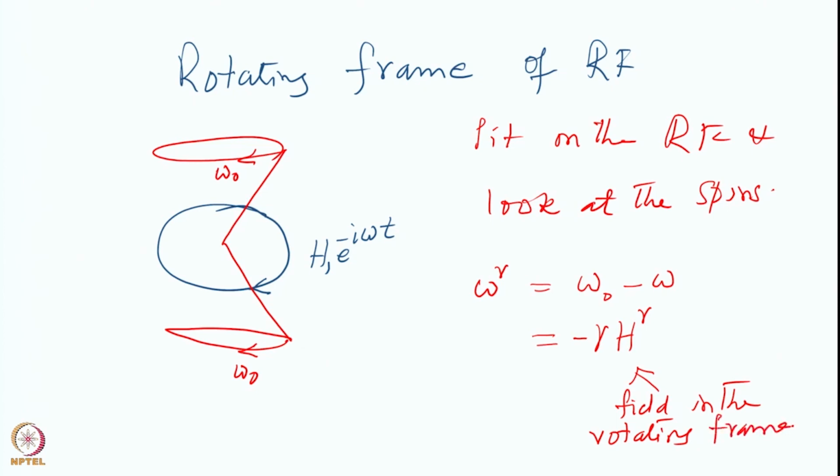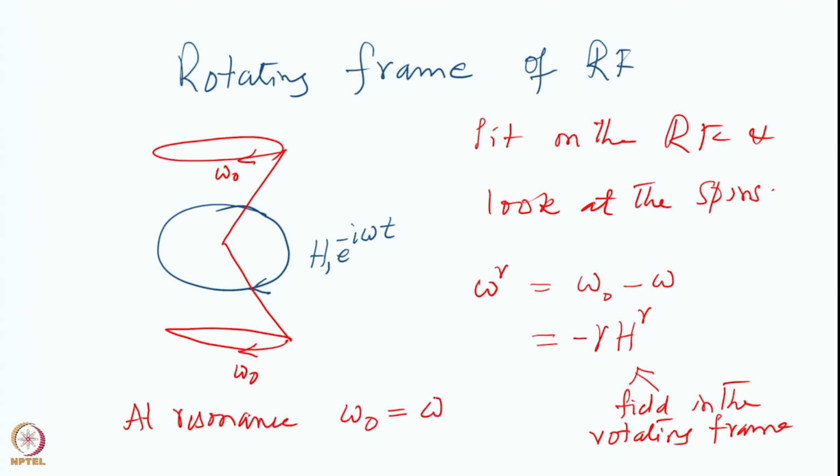Okay. Now as I said, omega is in our control. So we can keep changing omega slowly and see when you match the resonance condition. At the resonance condition what happens? At resonance omega naught is equal to omega.